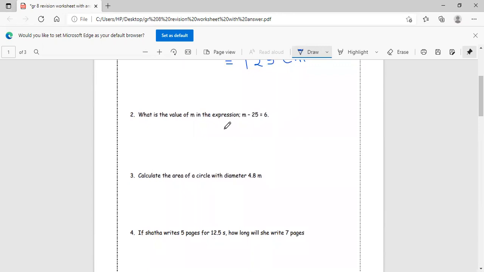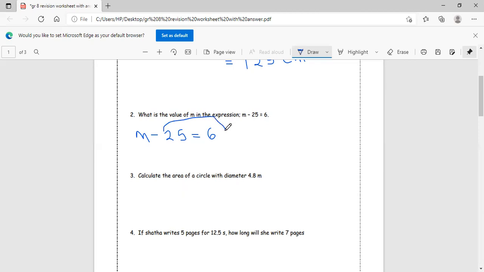What is the value of m in the expression? Now, m minus 25 is equal to 6. This is the expression, as you can see from the question. Now, I'm looking for m. It means I will take this to the other side.